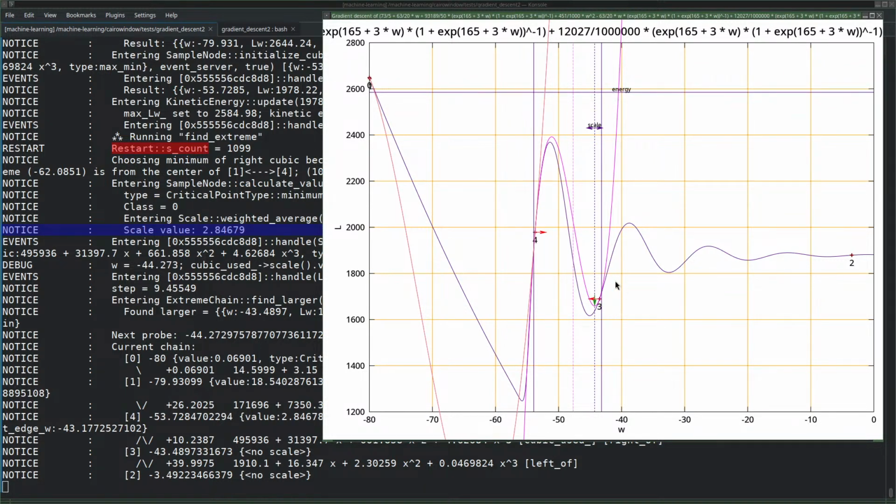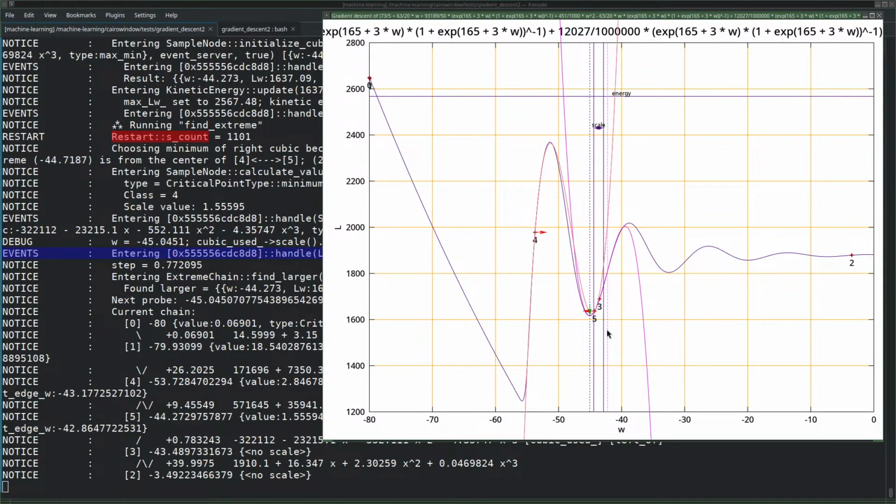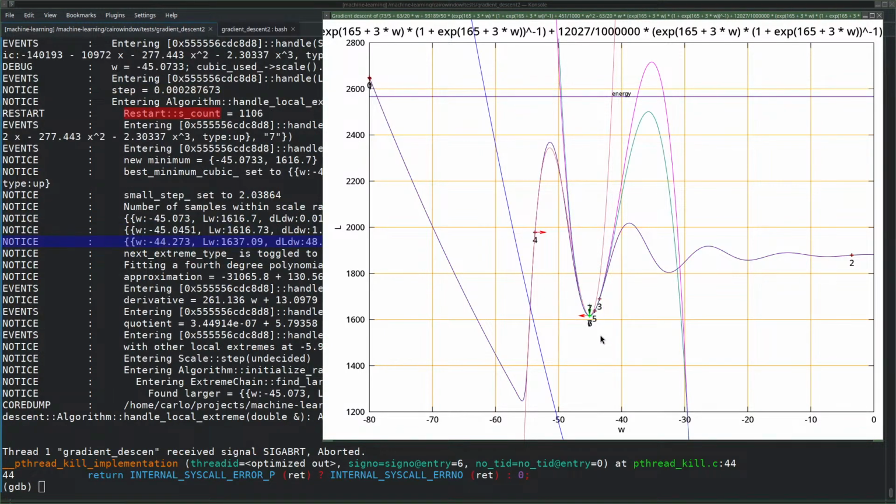Now it kept this one, and moved that one to here. And then the green arrow shows you where we jump to next. So it's going to find this minimum instead of that minimum. And that's not good. And we are third. That's even worse.